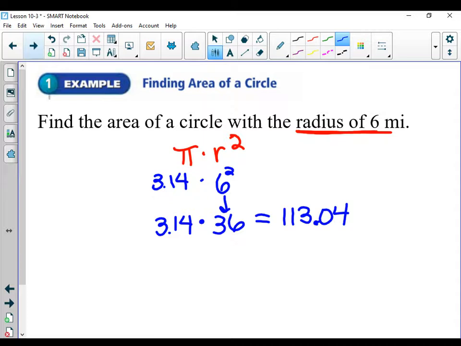What do we think? Got some thumbs up over here? Don't forget, we're trying to remember to label it with the square: square miles, square feet, square centimeters, square whatever.